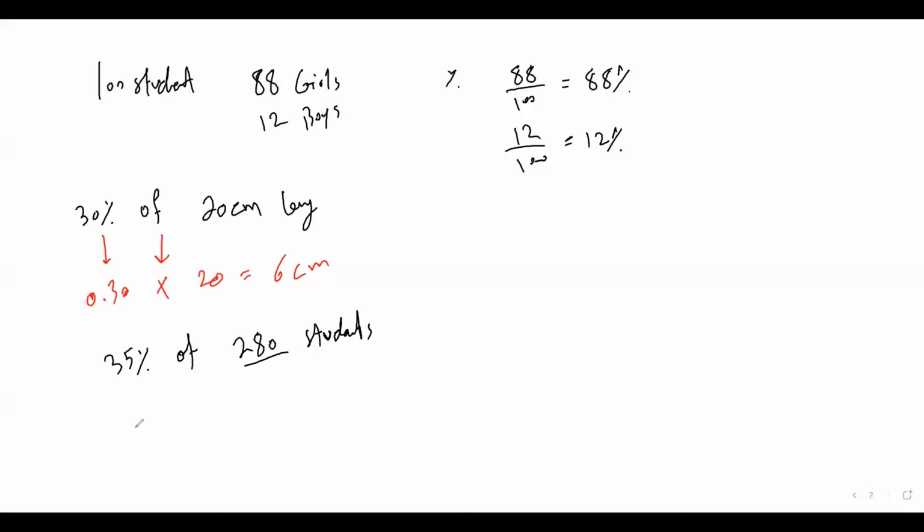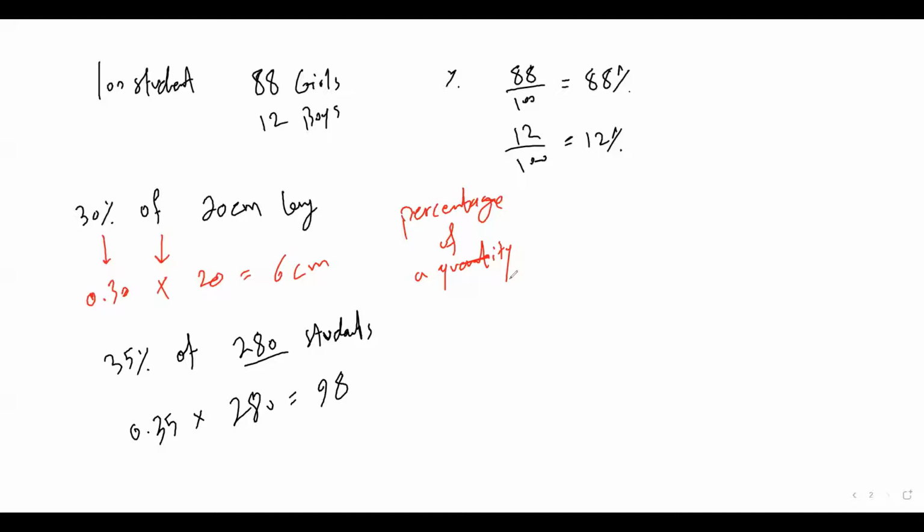So all you need to do is just multiply 280 by 0.35, which the result would be 98. So this is what we call calculating a percentage of a quantity, right? So this is quite an easy question. And maybe I do one more questions regarding this and I move on to the other subtopic.